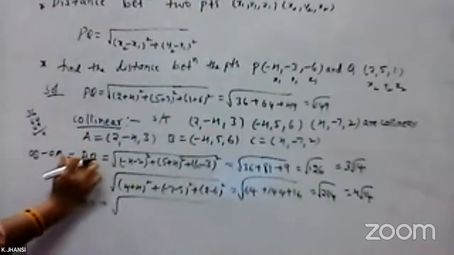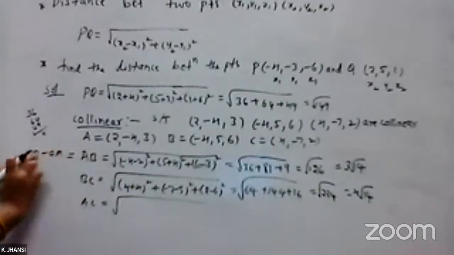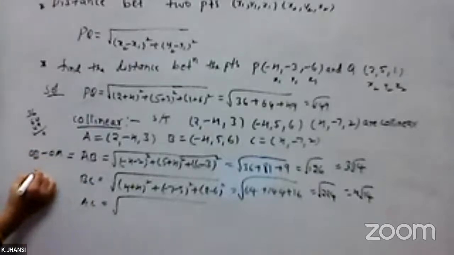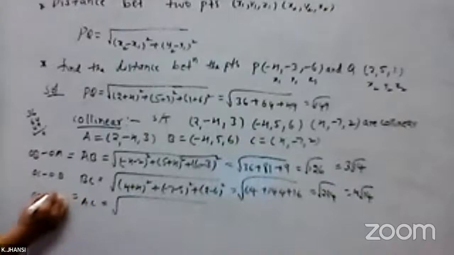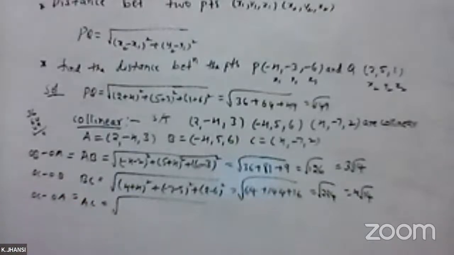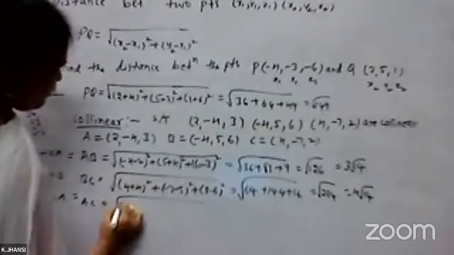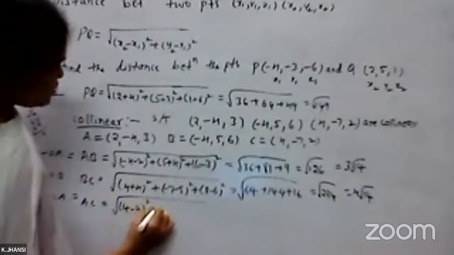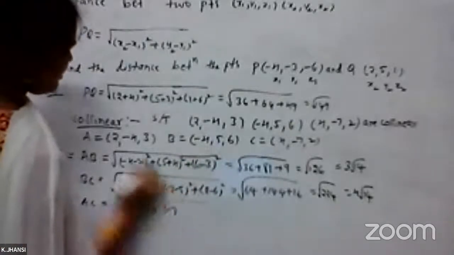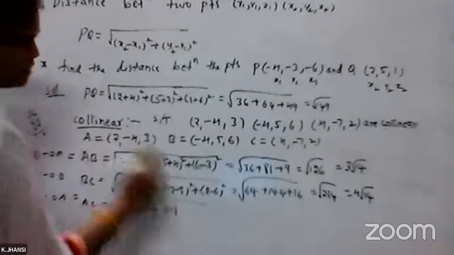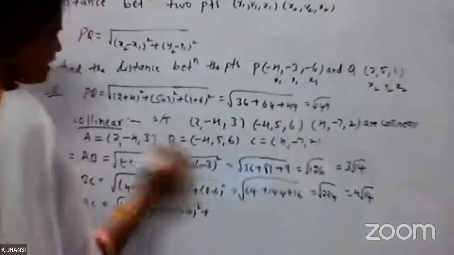So AB is the second term minus the first one: OB minus OA, here also OC minus OB, and here OC minus OA. So AC means this minus this one: 4 minus 2 whole square plus minus 7. Here already minus 4 is there, minus of minus becomes plus 4. Next 2 minus 3.